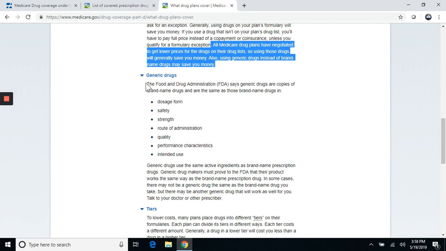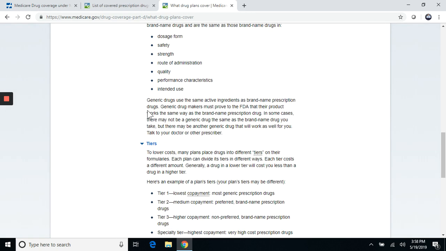Going on to generic drugs. The FDA says generic drugs are copies of the brand name drugs and are the same as those brand name drugs in dosage form, safety, strength, route of administration, quality, performance characteristics, and intended use. Generic drugs use the same active ingredients as brand name prescription drugs.